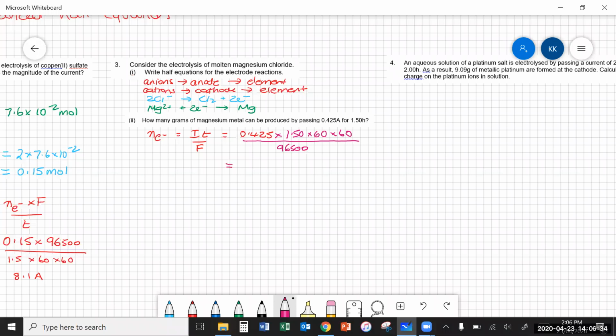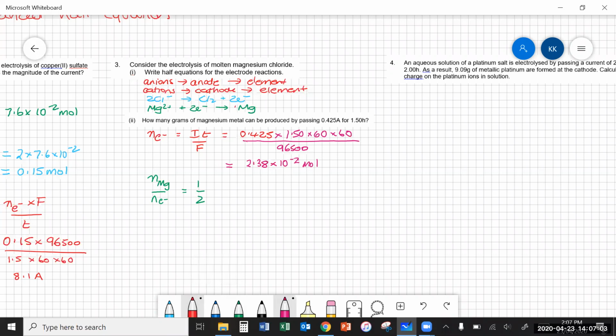And if you chug that through the calculator, you'll get 2.38, at least I hope you will. This is what I'm getting, times 10 to the minus 2 moles of electrons. Now we apply our mole ratio to get our moles of magnesium. So moles of magnesium over moles of electrons is 1 over 2 from the equation up here.